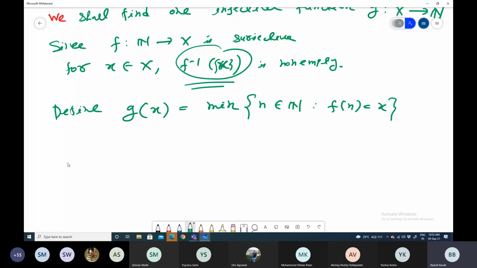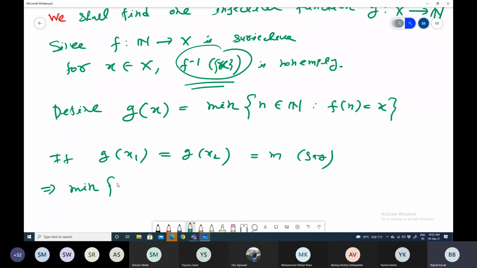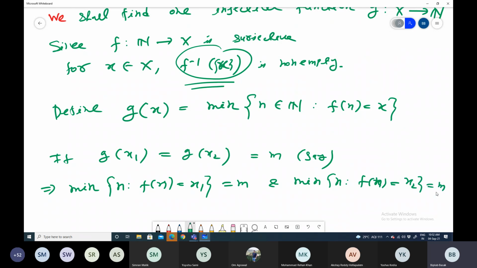Okay. Now if g of x1 equals g of x2, equal to say m, that implies the minimum of n such that f of n equals x1 is equal to m, and also the minimum of n such that f of n equals x2 is equal to m.